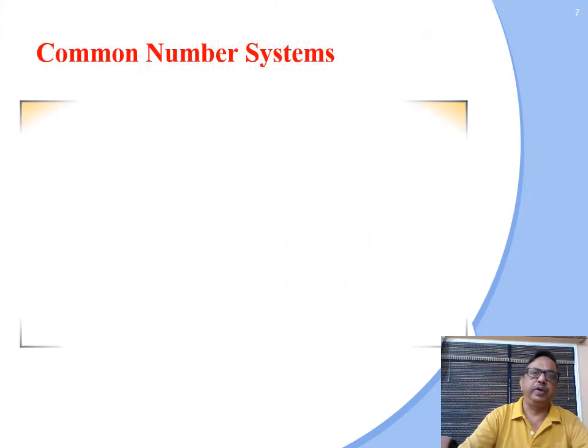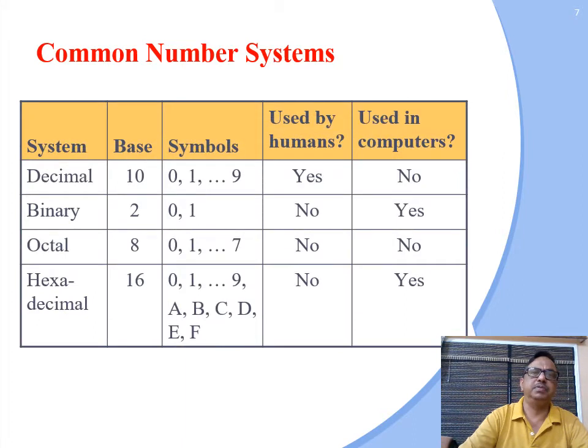So we have seen the common number systems: decimal, binary, octal, and hexadecimal. In decimal number system, base is 10 because it has 10 distinct symbols from 0 to 9, and is it used by computers? No, it is not used by the computers. It is used in high level languages.